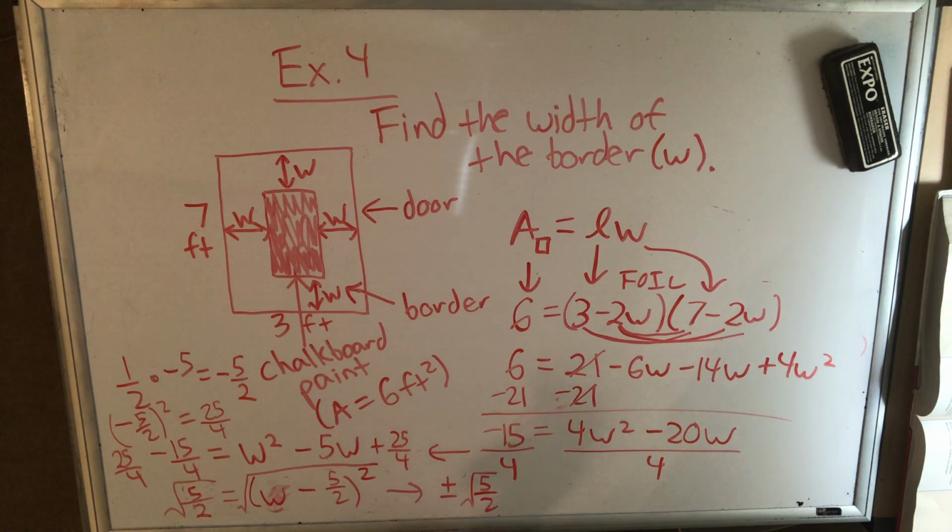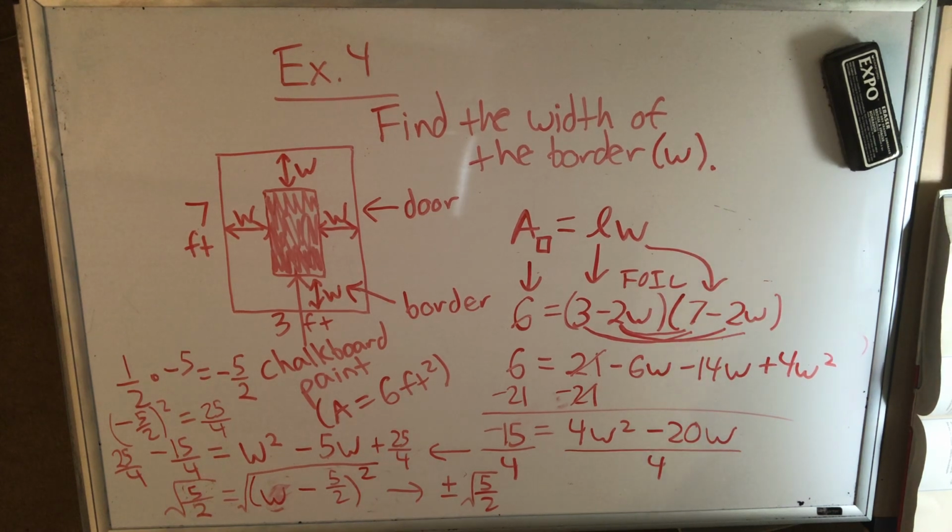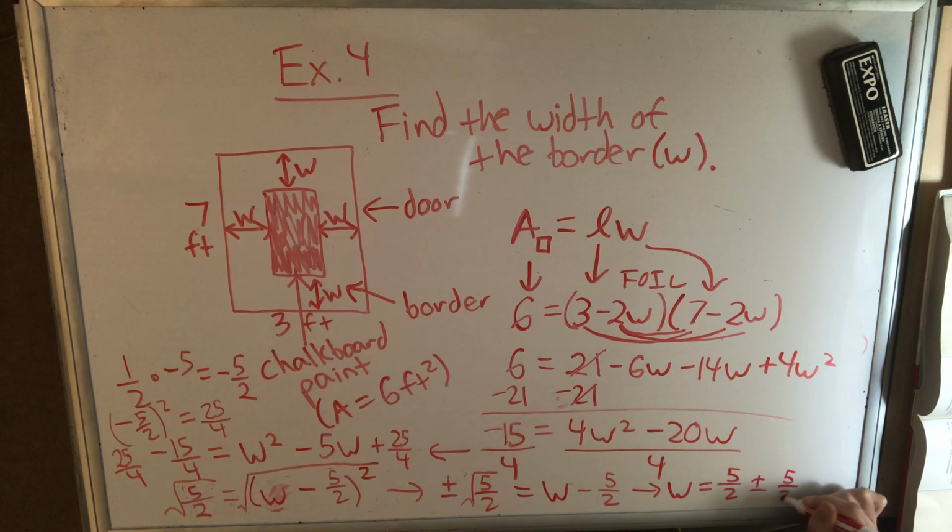Always put plus or minus on the opposite side of the variable when taking the square root of both sides, for reasons that I've explained before in the previous example problems. And then the square root cancels out the square, so we get w minus 5 over 2. And then adding 5 over 2 to each side, we get w equals 5 over 2 plus or minus square root of 5 over 2.